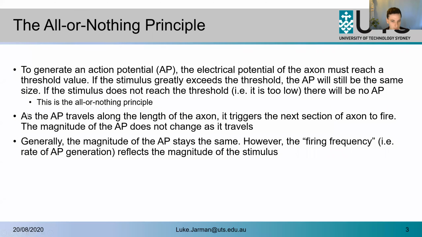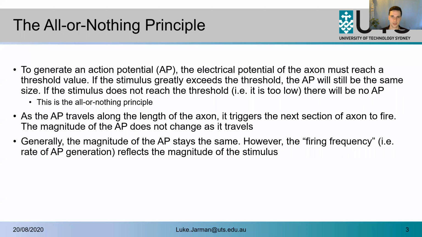Cool. So the all or nothing principle. I'm pretty sure David would have mentioned this during his lecture last week. Again, to summarize, an action potential is when the electrical potential of an axon reaches a threshold value. For neurons, this is usually a set limit, but it can differ between different types of cells.